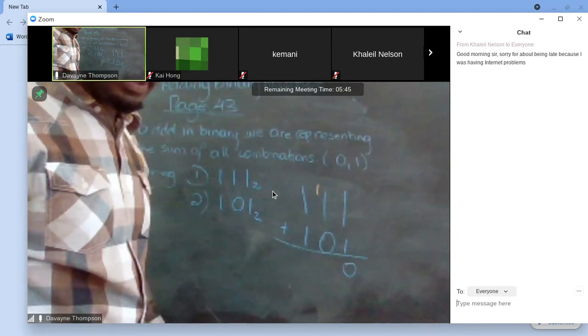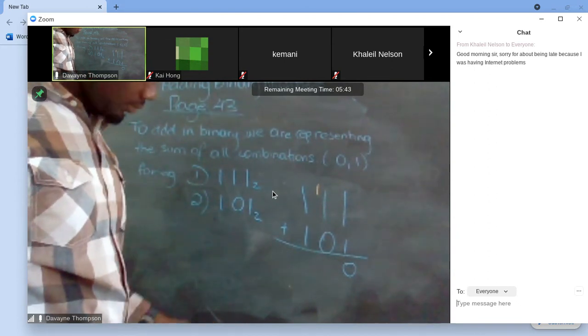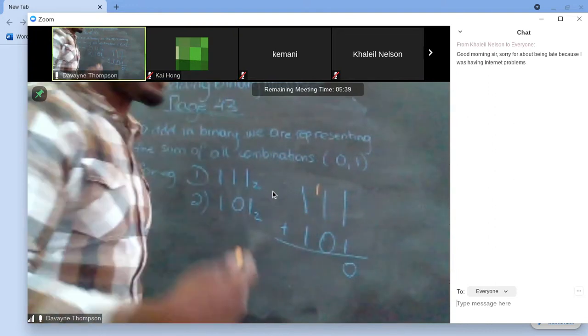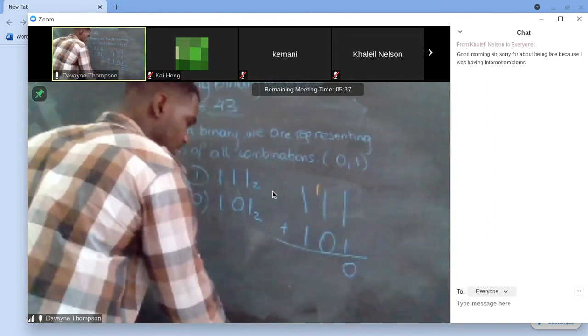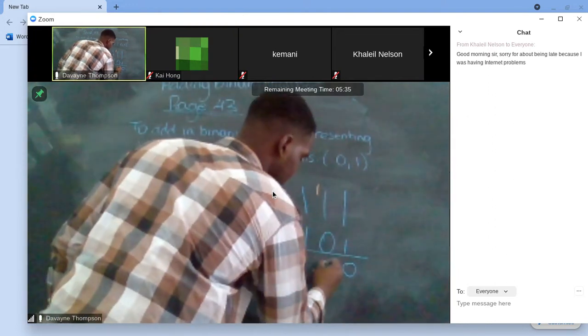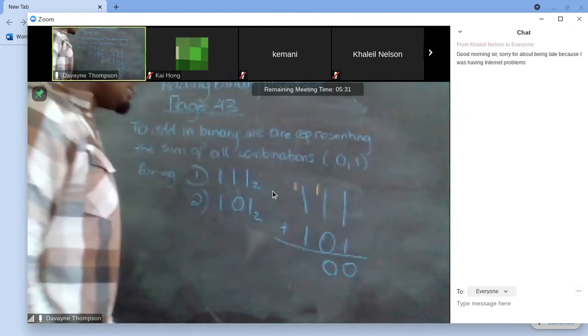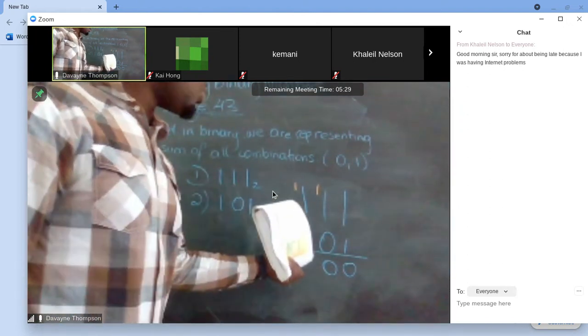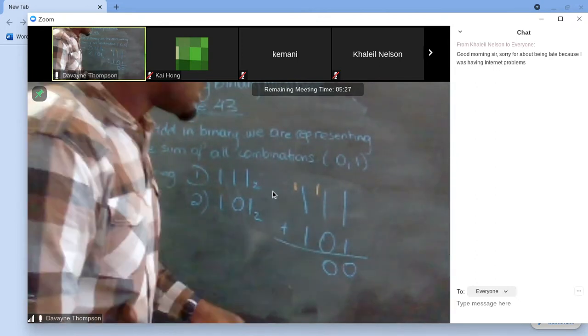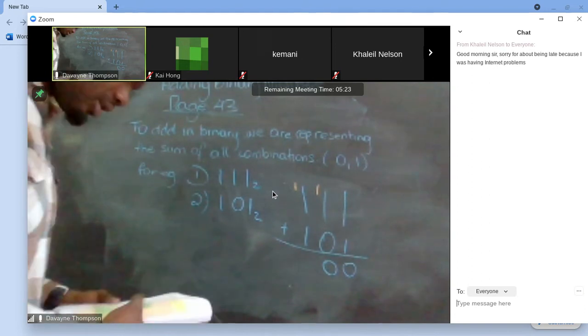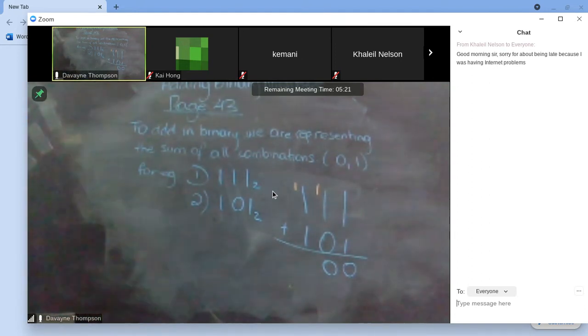That's 2, right? So I'm going to say 2 is represented by another 0 and a 1. So I'm going to put another 0 right here and carry the 1 again. And in this case, we don't have just 1 plus 1. Don't you guys see we have 1 plus 1 plus 1? That is 3. Am I correct?